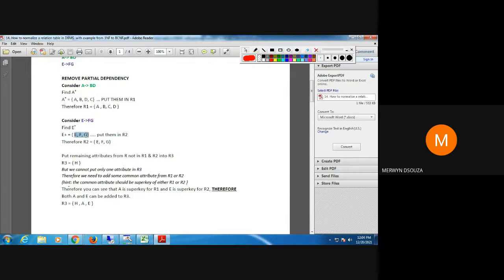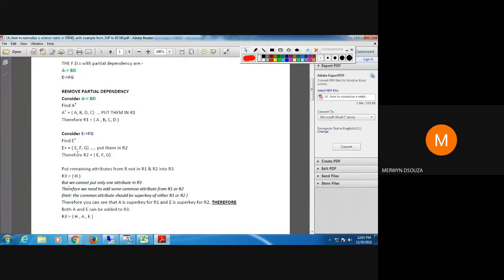Put all these attributes of the E closure into R2. So you have R1 and R2. All the remaining attributes of R which are not in R1 and R2 you put in R3. So in R3 only one attribute remains, H. A, B, C, D is in R1, E, F, G is in R2, and H is in R3.